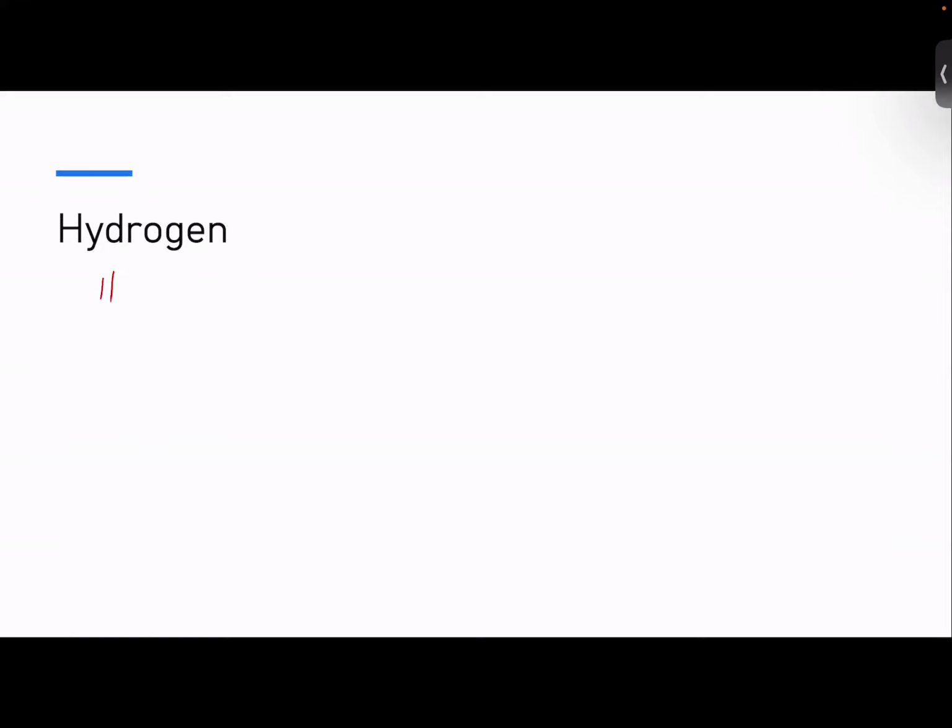Hydrogen in nature is always found in a pair. The hydrogen atom, being in group 1, has one valence electron. The two hydrogens each have a valence electron, which we represent as an electron dot.